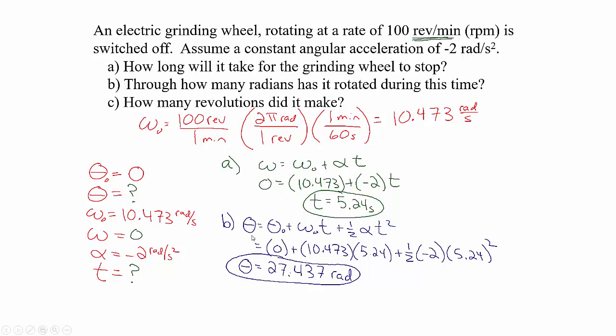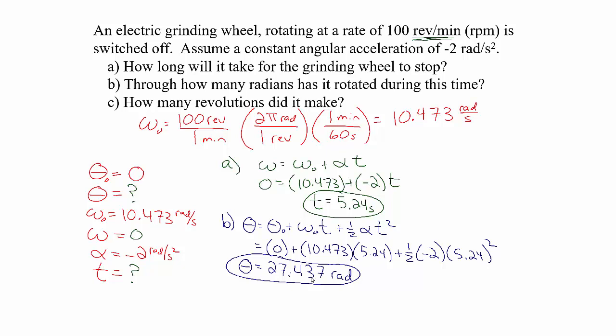The angular position equals the starting angular position, 0, plus the initial angular velocity, 10.473 radians per second, times 5.24 seconds, plus 1/2 times the angular acceleration, -2 radians per second squared, times the time, 5.24 seconds, squared. Solving that out, we get that it has turned through 27.437 radians.